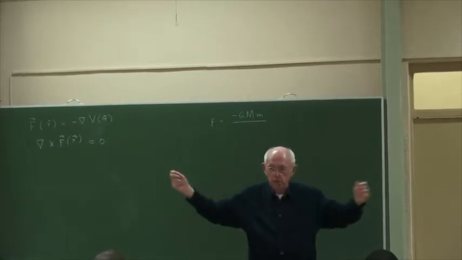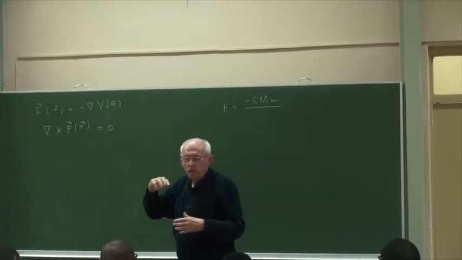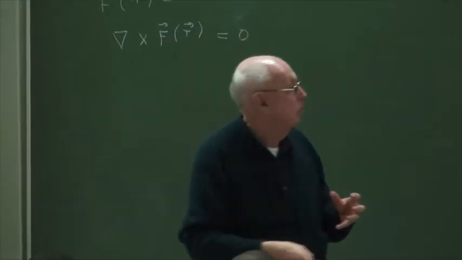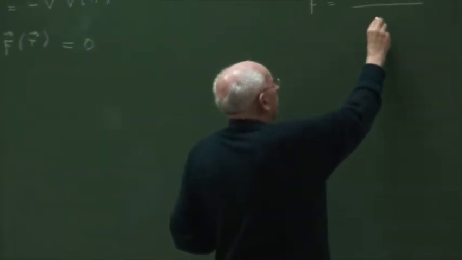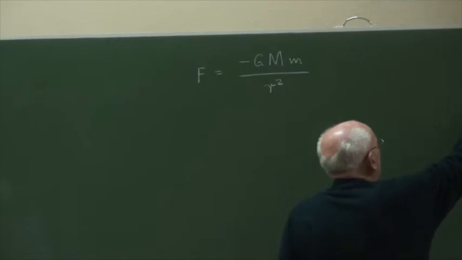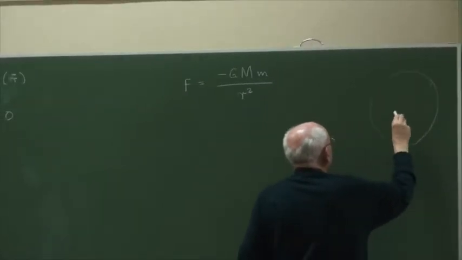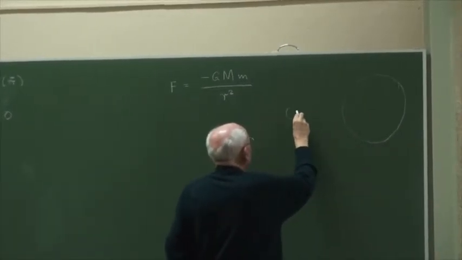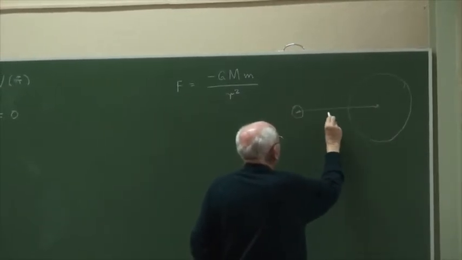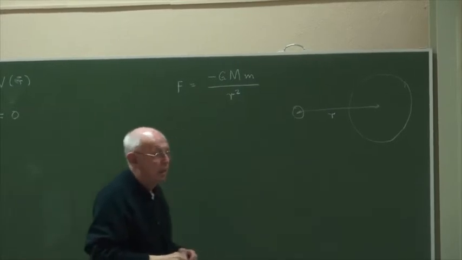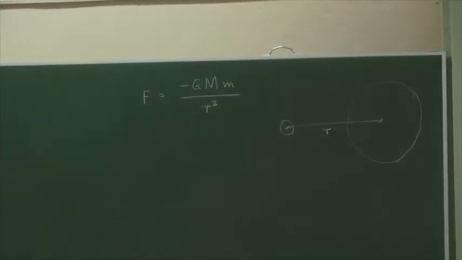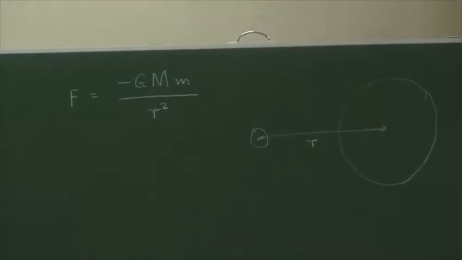But if you take one big thing and one small thing, then you can just look at the motion of the small thing and its distance. That's the big thing, and this is the small thing, and the distance here is r, and the force goes like that. And so what is the potential?